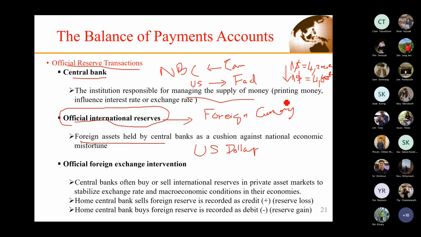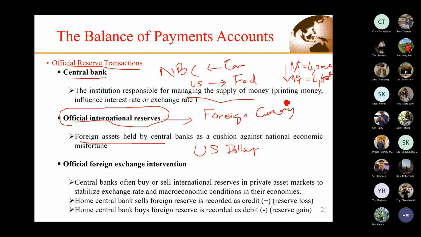In today's world, many central banks try to accumulate the official international reserve. The more they have of this reserve, the bigger the power they have to influence the exchange rate of their own currency in the international currency market. For example, China's central bank has a very huge amount of US dollar and foreign reserve, so it can influence the exchange rate.